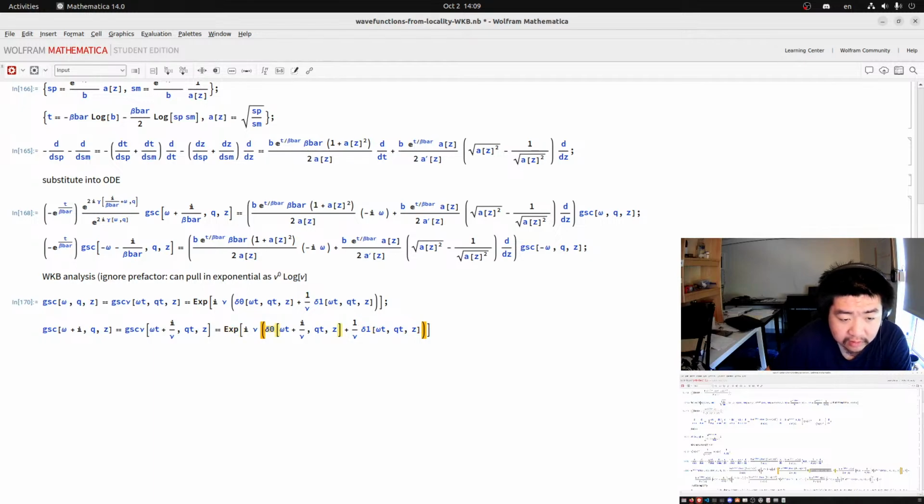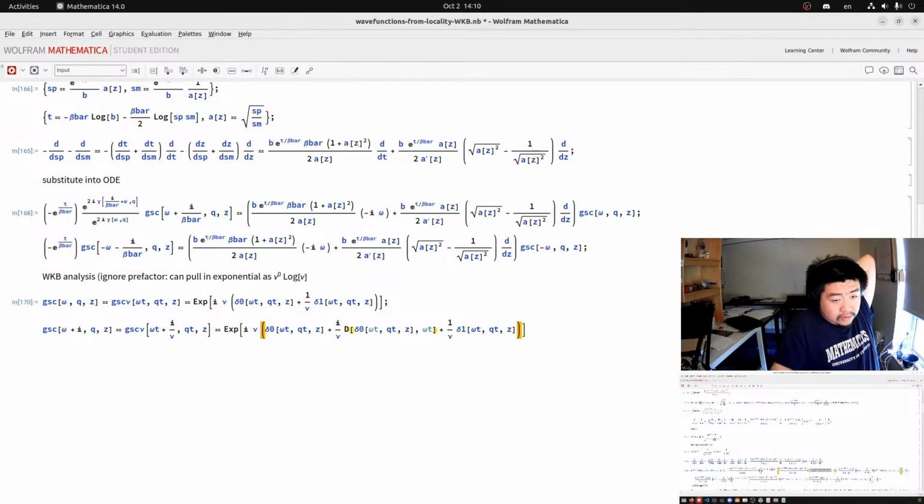But that I can ignore, at the cost of, well, I have this, and then I want to take the derivative with respect to omega tilde. And that's it.